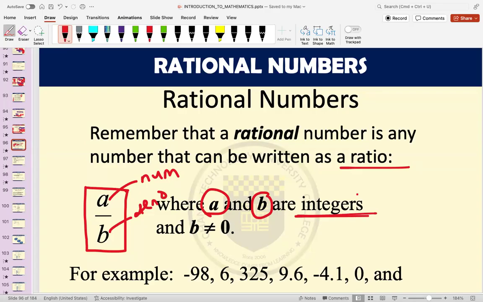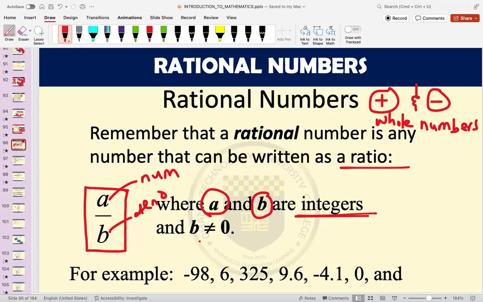And I hope you remember your integers. Integers are positive and negative whole numbers. So the condition is that, first of all, both numbers must be integers.